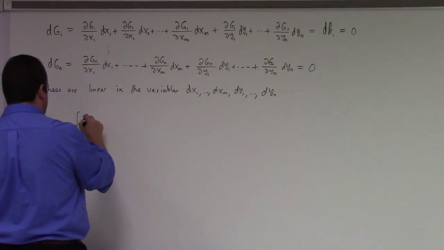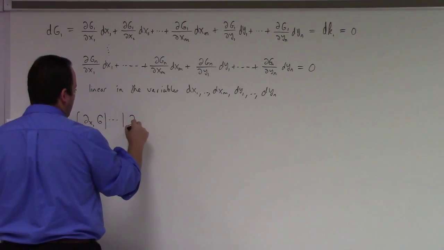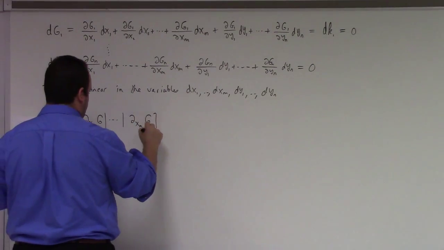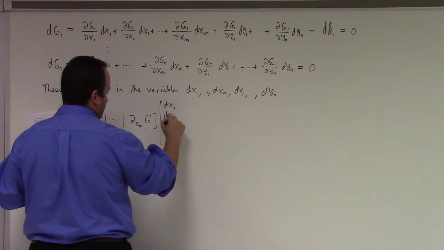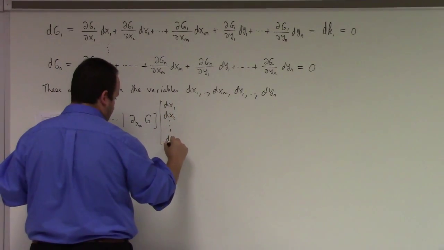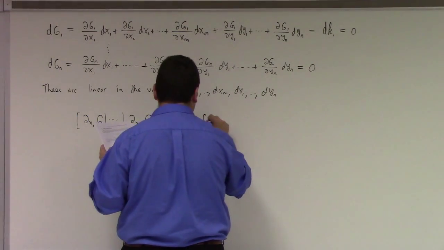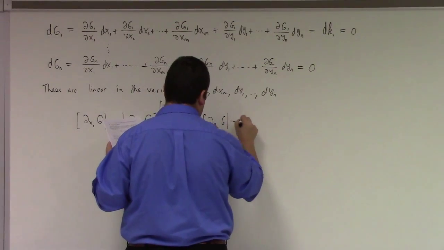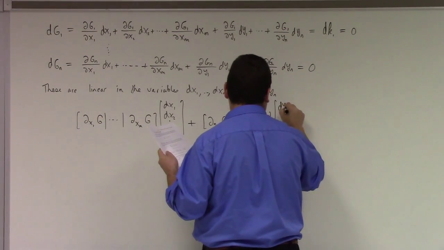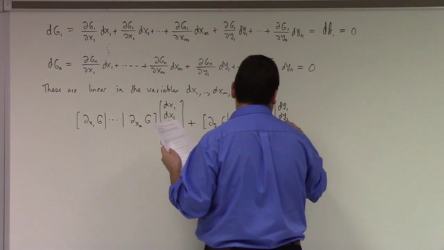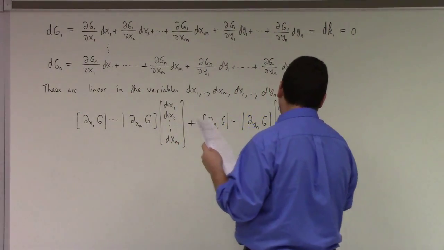What that really is: partial x1 of g through partial xm of g, this matrix times the column vector of differentials dx1, dx2, through dxm, and then plus this matrix of y derivatives, partial y1 g all the way down to partial yn g, times this column vector of differentials dy1, dy2, through dyn, equals 0.